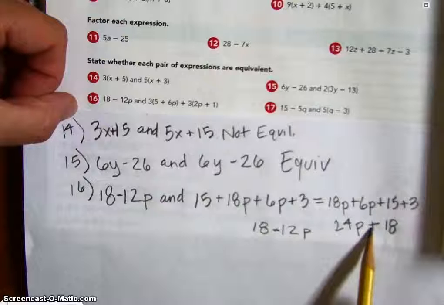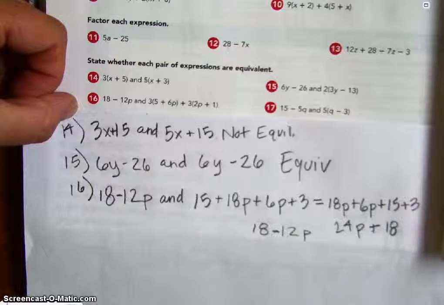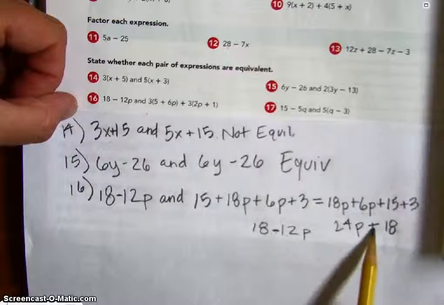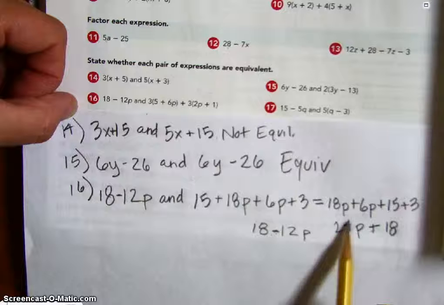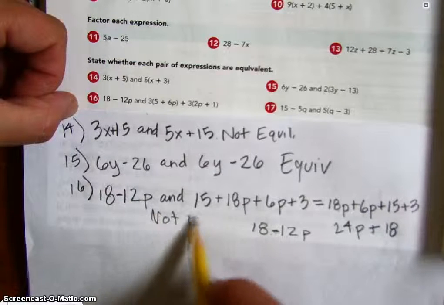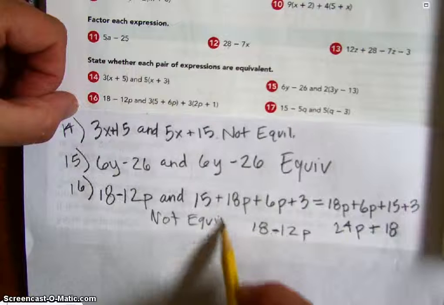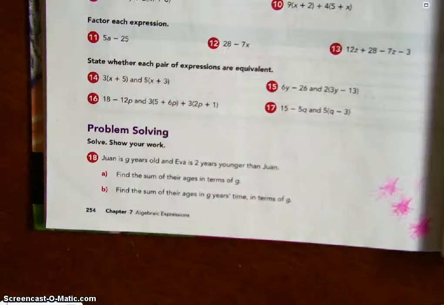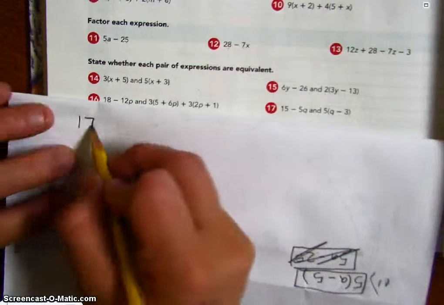So there is no way we can make those equivalent, because a takeaway is not going to be the same as plus, and so we can't switch those around to do that. So it is not equivalent for number 16.